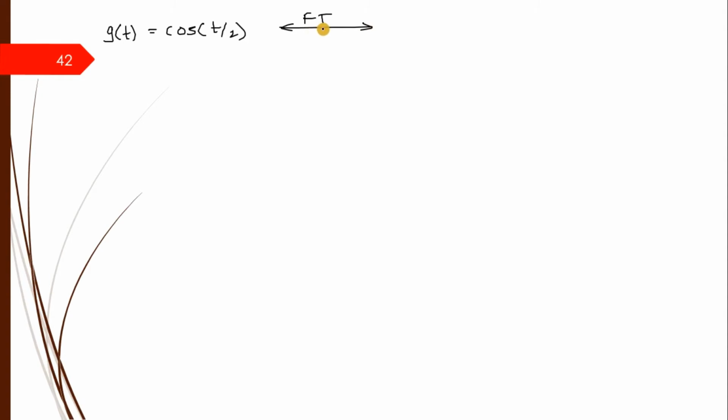So I use the relation between FT and FS, and then directly I write g of j omega as pi delta of omega minus omega naught. Here, if it is cos omega naught t, omega naught we are writing here. Here it is 1 by 2, hence I write 1 by 2, plus again pi delta of omega plus 1 by 2. That's it.